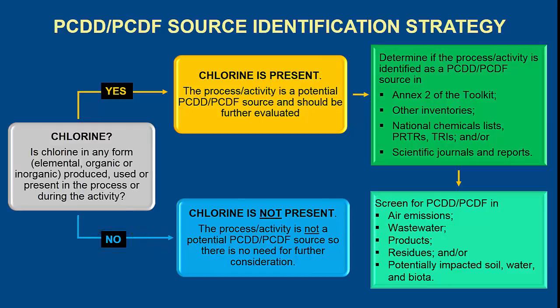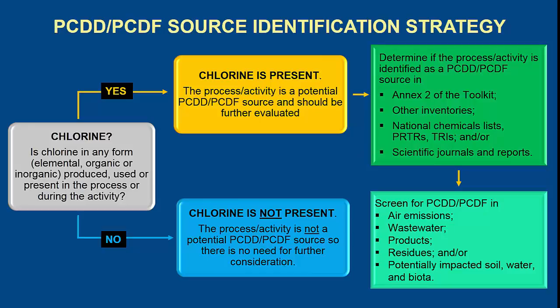If the answer is yes, the process or activity is a potential source that requires further evaluation. The evaluation begins with exploring existing resources. For example, look through Annex 2 of the toolkit, through other inventories, through national chemicals lists, pollution release and transfer registers, toxics release inventories, scientific journals and reports.